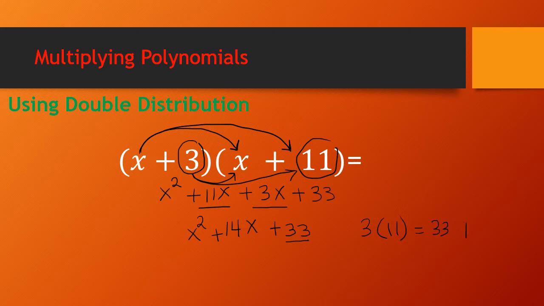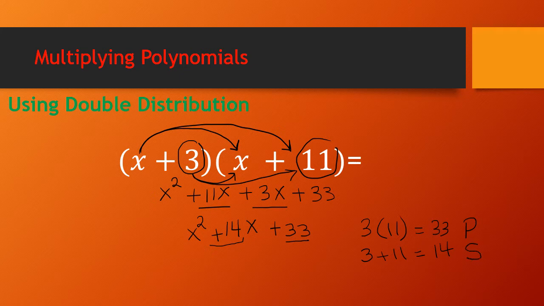And that's the product. The middle number of the trinomial is the sum of both factors in the binomials. We have 3 plus 11 equals 14, which is the sum.